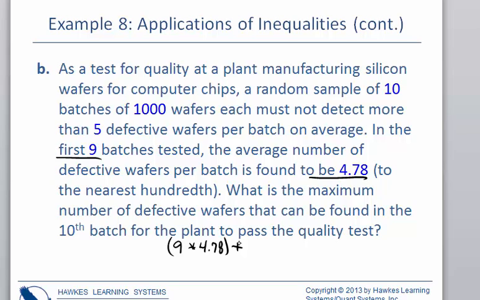How many defective wafers can be found in that one? We don't know, so we're going to use an x. And remember that we're calculating an average, so we're going to add all this up and divide by the 10 sample batches. And we want that to have no more than 5 defective wafers. So this number of defects has to be less than or equal to 5.